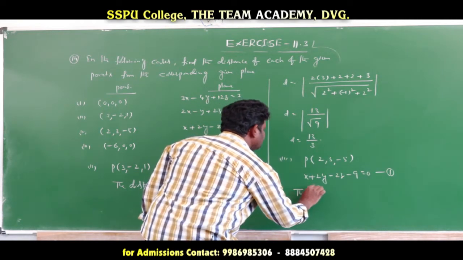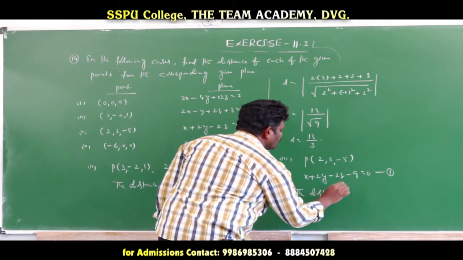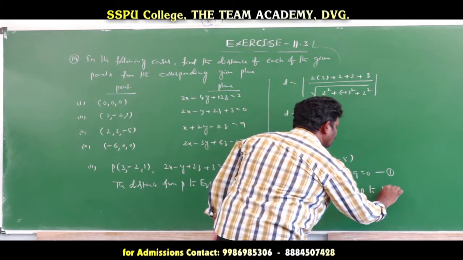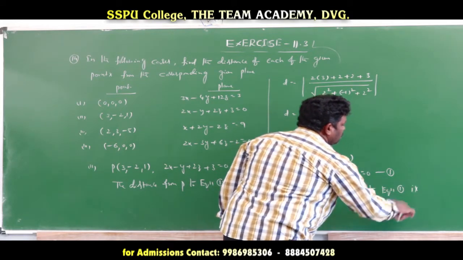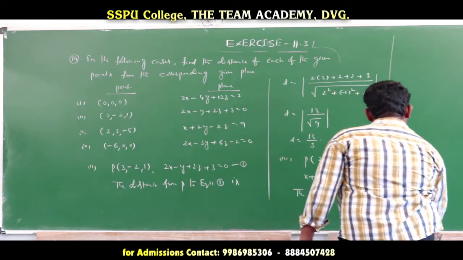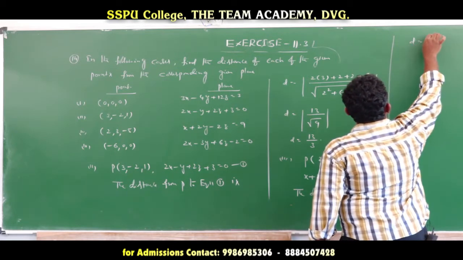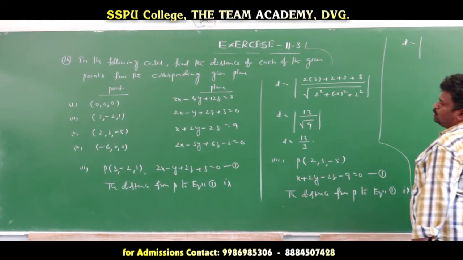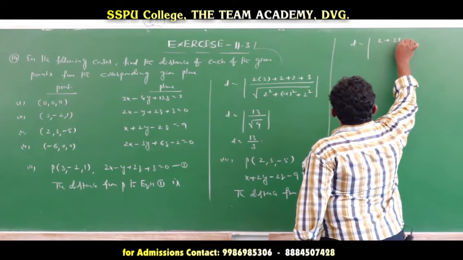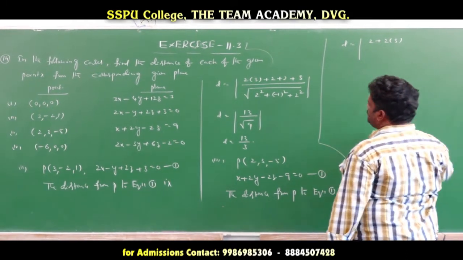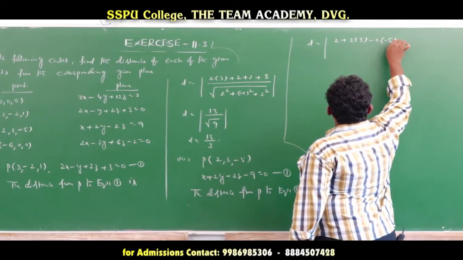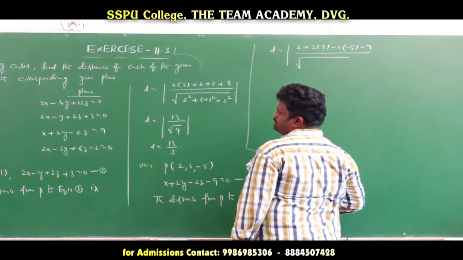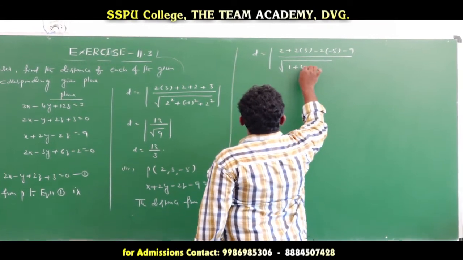Then the distance from P to equation 1 is d is equal to, substituting the point: 2 plus 2 into 3 minus 2 into minus 5 minus 9, divided by the square root of 1 plus 4 plus 4.